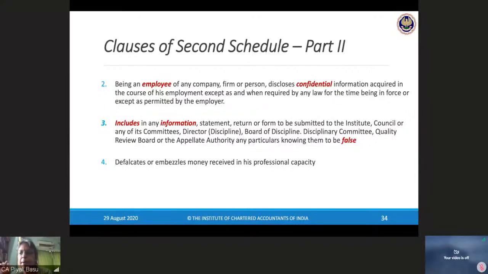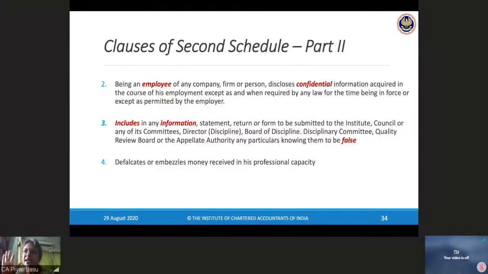Clause 3, part 2, second schedule talks of including in any information, statement, written or in any form to be submitted to the institute, council, or any committee, knowingly a false statement. Any committees that we have, like the disciplinary directorate, board of discipline, disciplinary committee, quality review board, appellate authority.